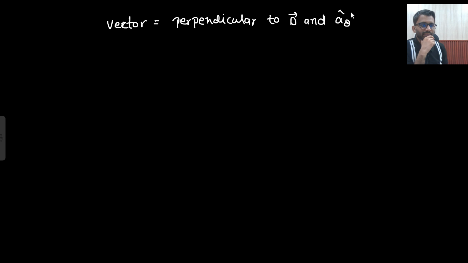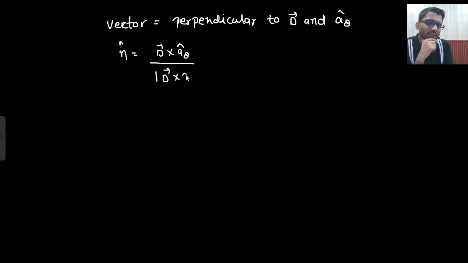Say yes or no. So my unit vector will be D cross a theta divided by their magnitude. Why is that so? Because before starting the lecture I told you, you need to find a unit vector which is perpendicular to two vectors A and B, that would be A cross B divided by their magnitude, right? Because n cap will be somewhat this. Say yes or no.